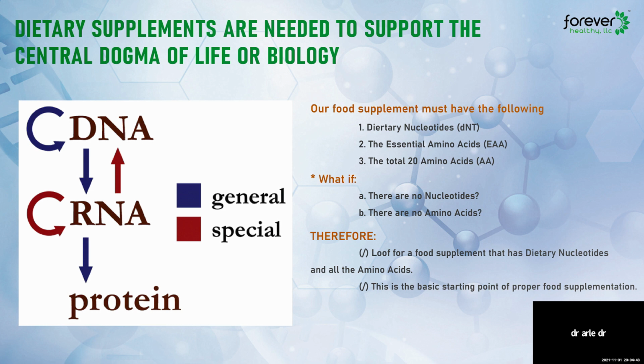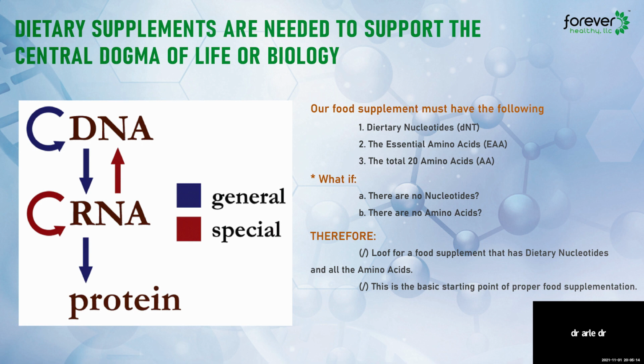The starting point is the DNA. The RNA is created to create the protein. Okay, that's the central dogma of life. Then look at the right side. Our food supplements must therefore have the following ingredients. Dietary nucleotides is number one. And the official abbreviation is small d, capitalized NT, dietary nucleotides. Why?